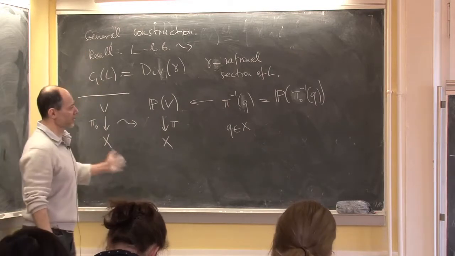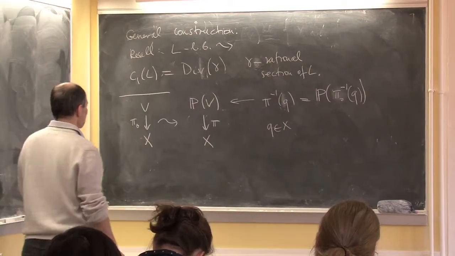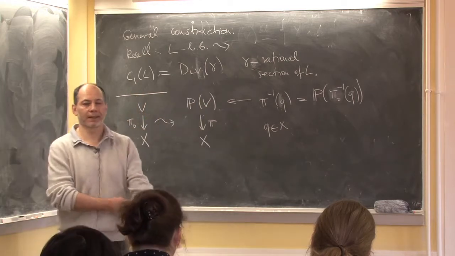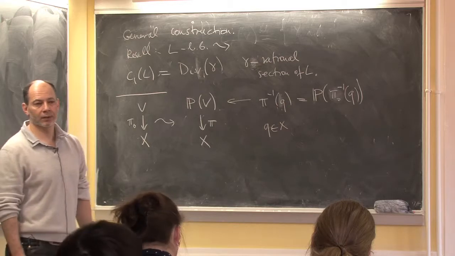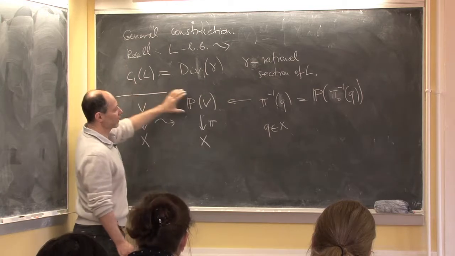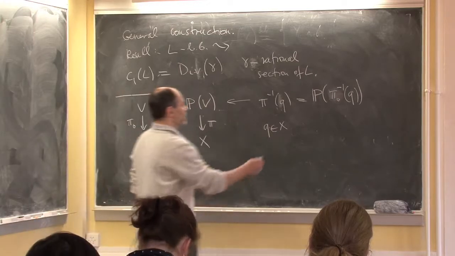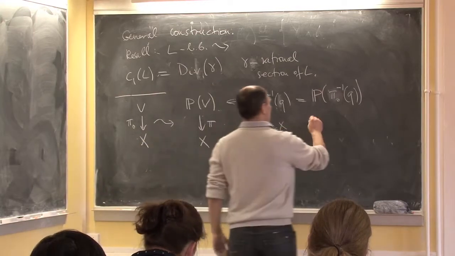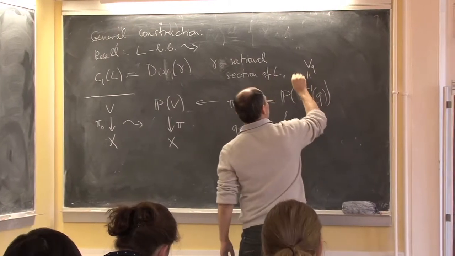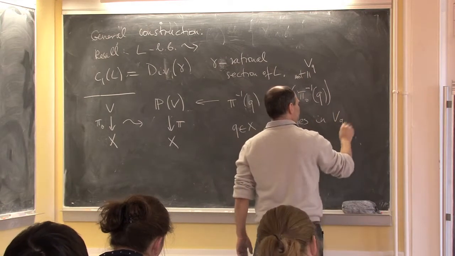So to each vector space here, you just associate a projective space there. Projectivize, and one needs to show something, but it's very easy to show that this is a nice variety. Okay? Is this clear? So for each point x, you have, say, a 2-dimensional space. If the rank is 2, then you will get a P1 bundle here, which is just the lines. So this also you could call V_q if you like, as a notation. And these are just the lines in V_q.